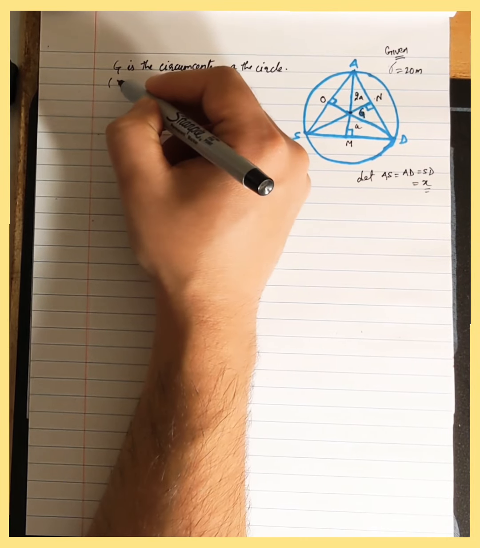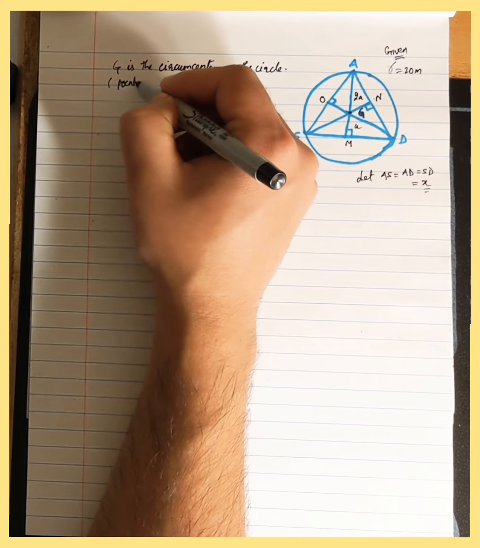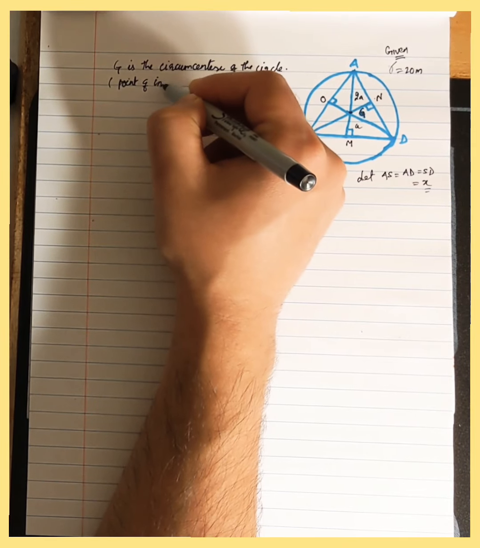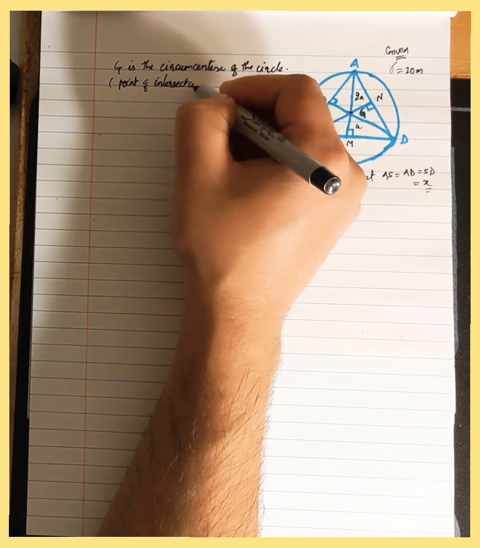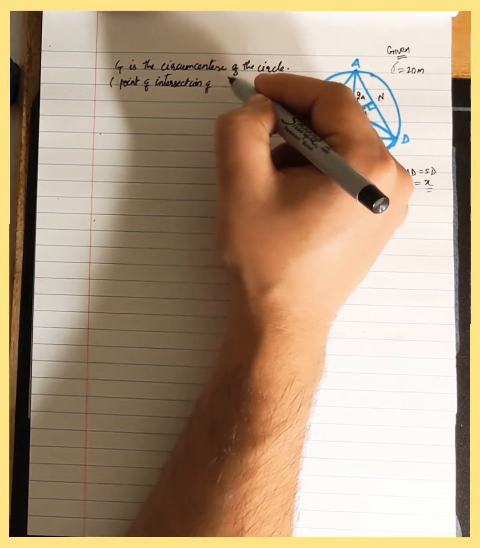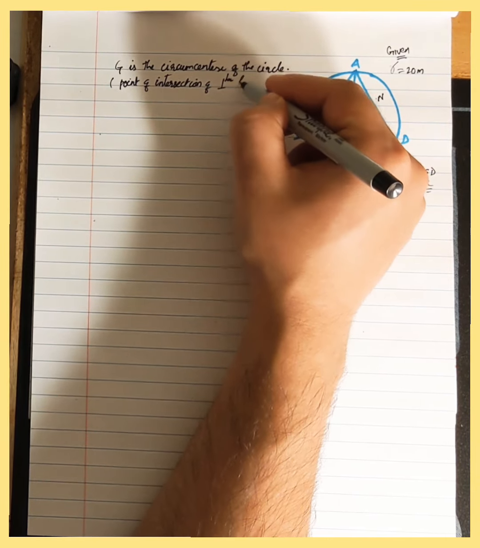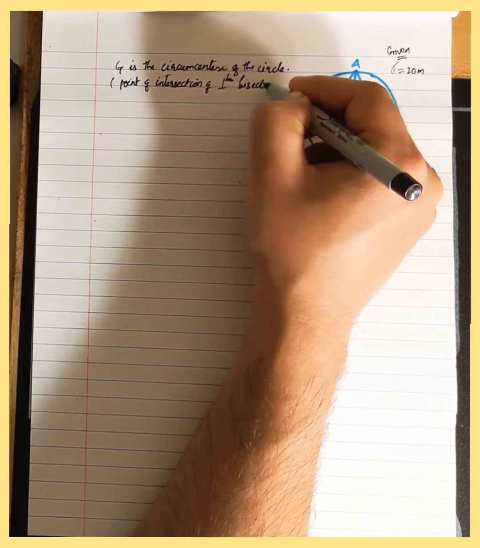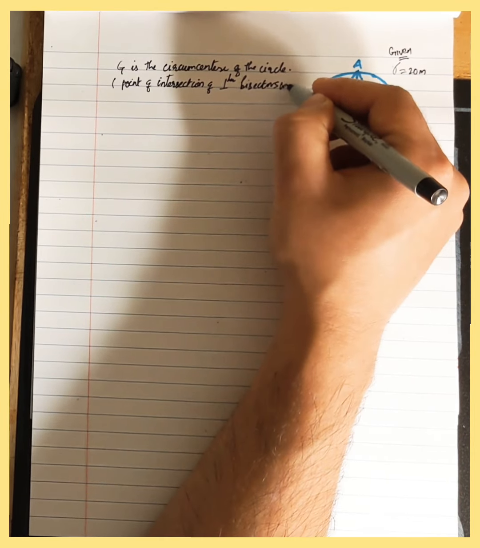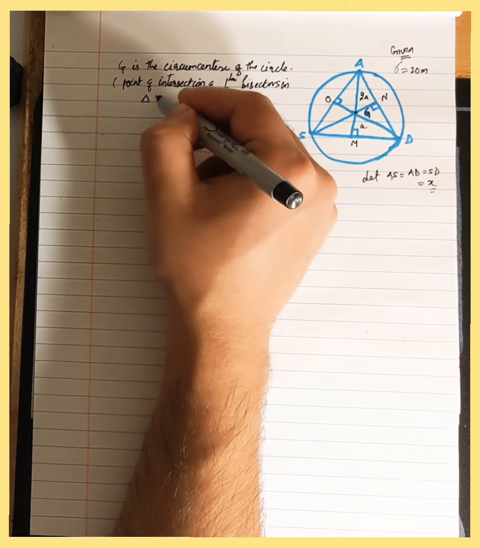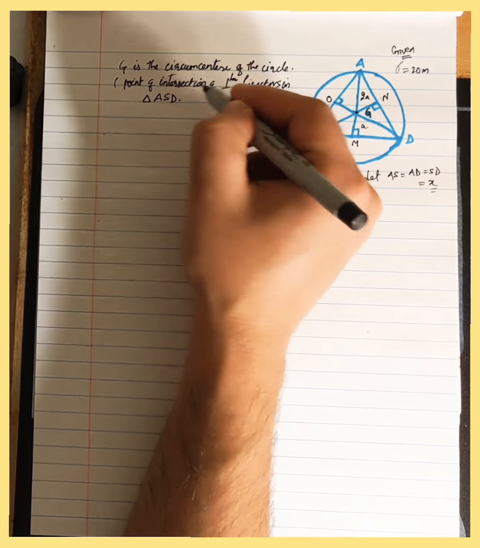Why? Because it is the point of intersection of perpendicular bisectors in triangle ASD.